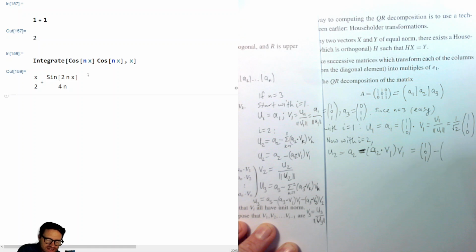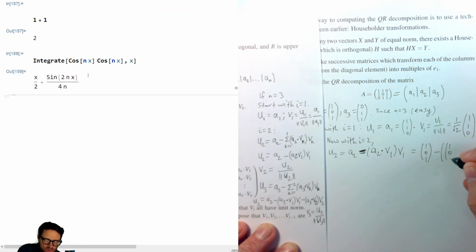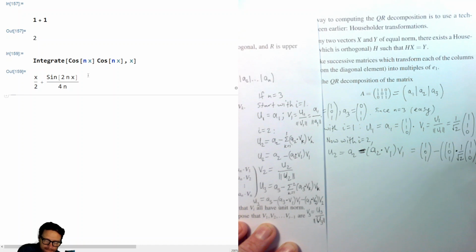Then we need to take a dot product of 1, 0, 1 with this vector V1 we just got, and then multiply the result by the vector V1. Let's simplify this.